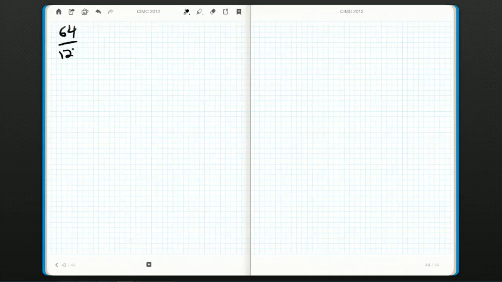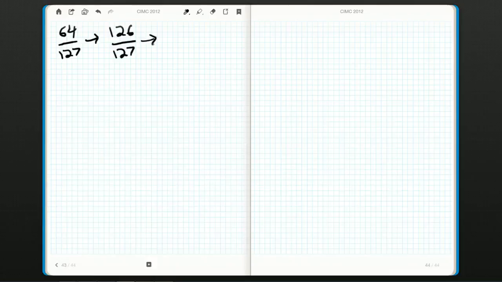So 64 over 127. What does that turn out to be? So we're going to have to do 1 minus 64 over 127. So that'll be 128 minus, so we'll get 63 over 127. And we'll have to double that. So that'll be 126 over 127.